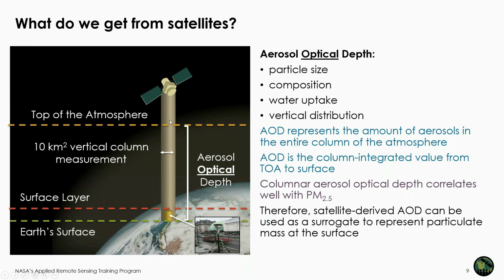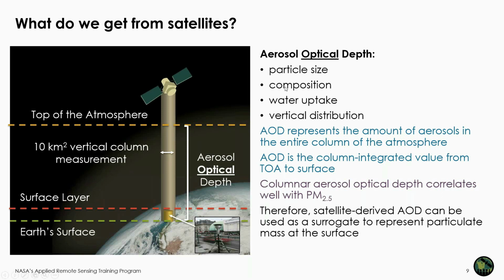However, you get the extinction of light from all this column, and this can be quantified. The extinction of solar light from this air column can be quantified in terms of aerosol optical depth. So using the satellites, we can get this aerosol optical depth. We can also infer the particle size, whether these are small or large particles present in the atmosphere.